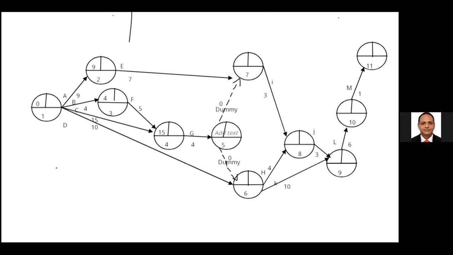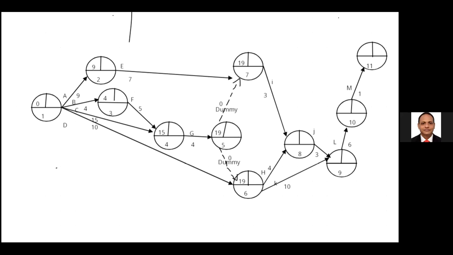19 plus 0 for the seventh event. 19 via the E is 26, so the highest value is 19 at the seventh event. Then event number 6: 0 plus D10, via the dummy 10. Highest is 10. After you add the dummy, treat it as a normal activity.